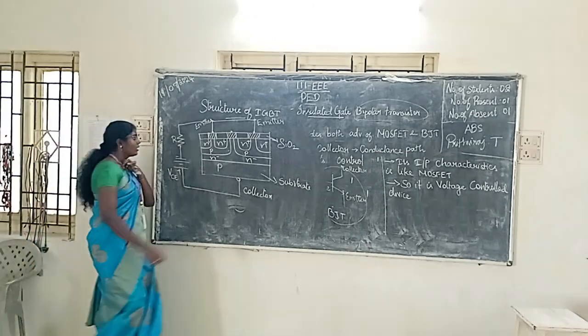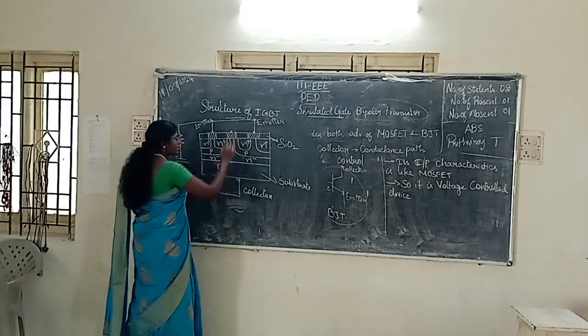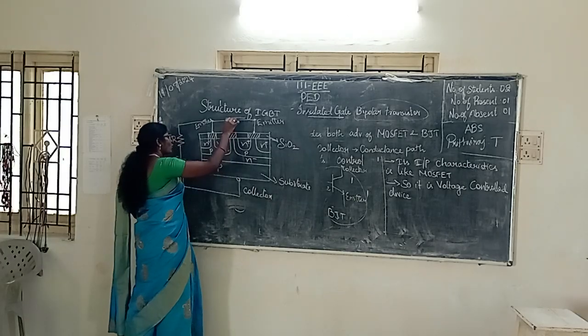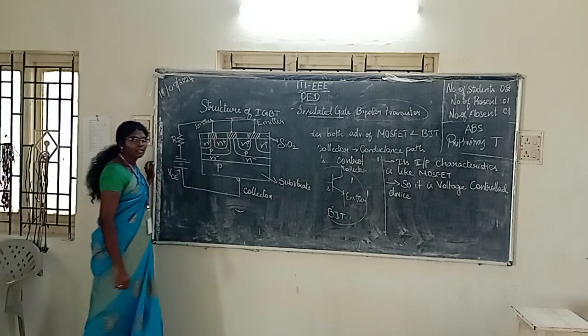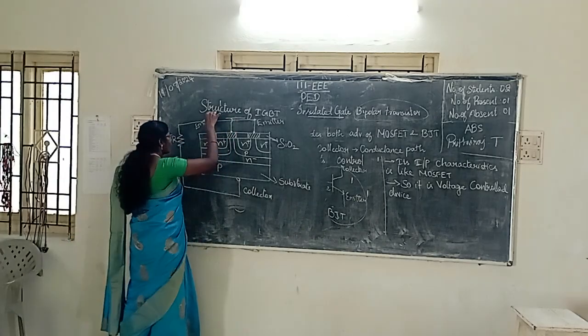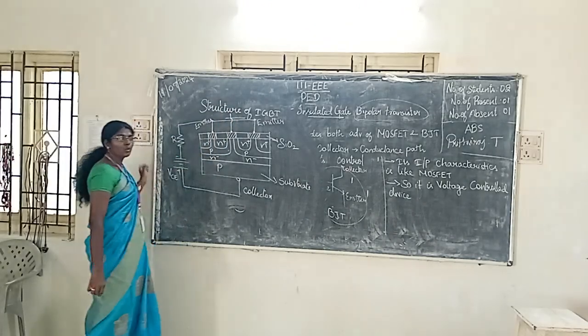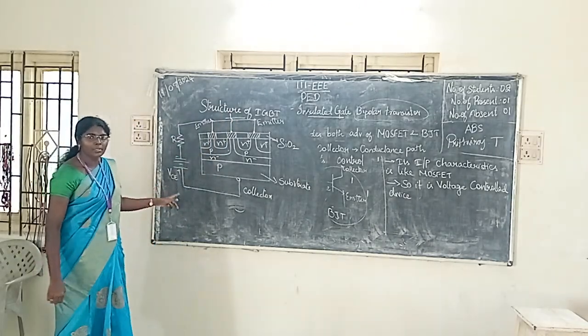Okay, later on, what is the next other terminal? Gate. So the other terminal should not touch the emitter. It should go, but one more voltage is given, by which we are going to control the IGBT.